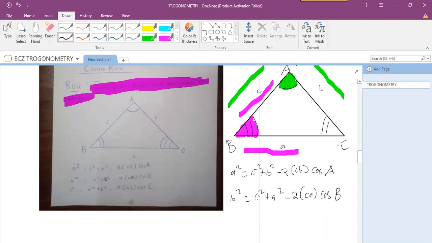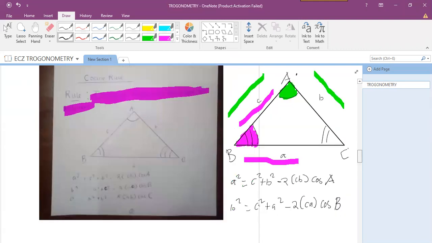Let's go where there is C. Let's define the cosine rule at this point C. So we have got this angle here, one angle and two given sides. So for C there, the given sides are this side AC and BC, denoted by small letter b and small letter a.